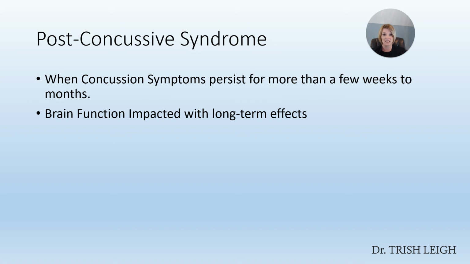And as time passes, beyond the acute phase, a person begins to use the worsened concussive brain pattern. And as we start to use a brain pattern, it starts to wire itself in.